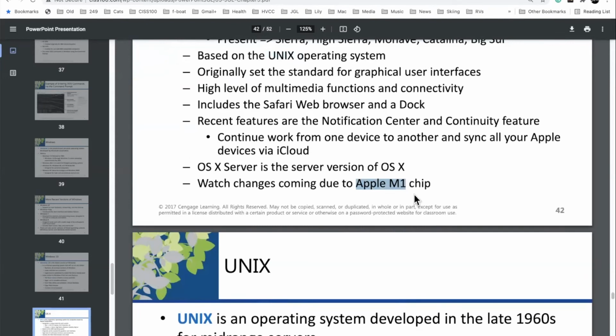And even right out of the gate, the M1 chip proved to be superior in many aspects over the Intel-based chips. And this was without Mac having a lot of time to optimize the operating system to use the M1 chip. So it's going to be really interesting to see how this evolves over time as well.